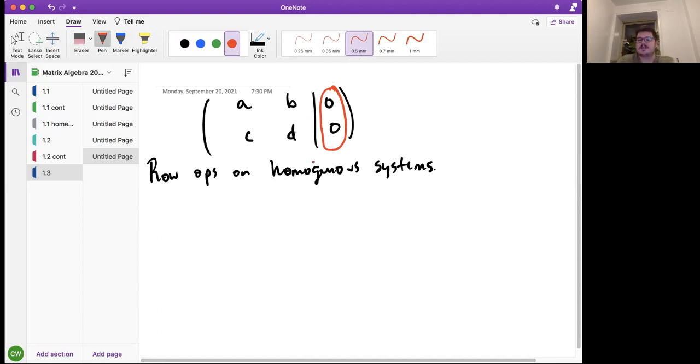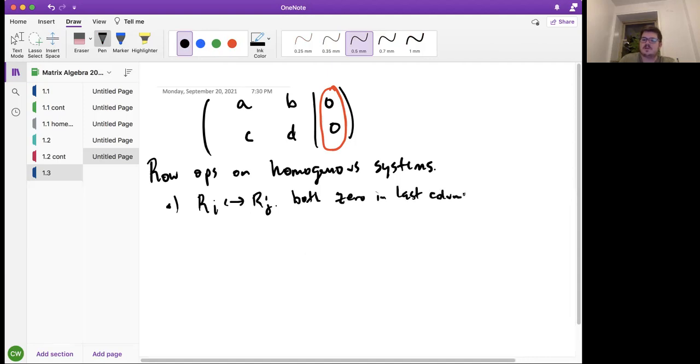Right, nothing happens. Think about the first type, swapping row I and row J. Well, they're both 0 in the last column, so nothing changes. What's the other type? You can multiply a row by a constant, but what happens when you multiply 0 by a constant?